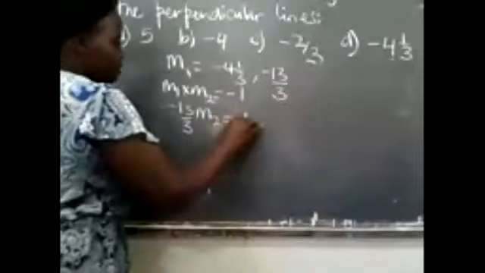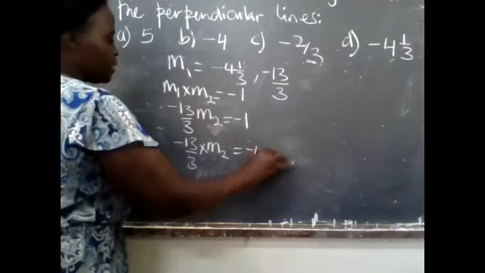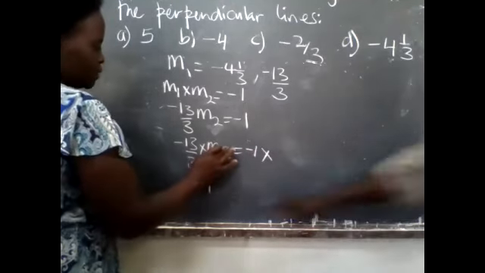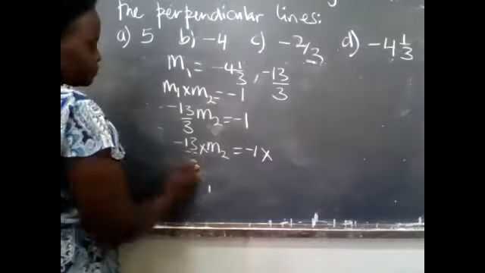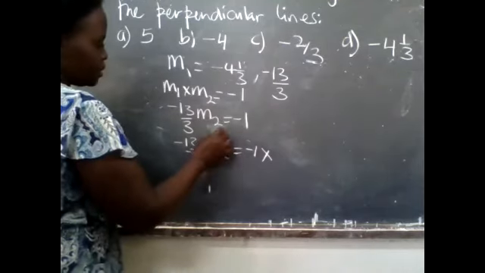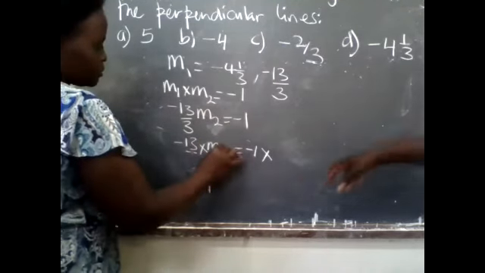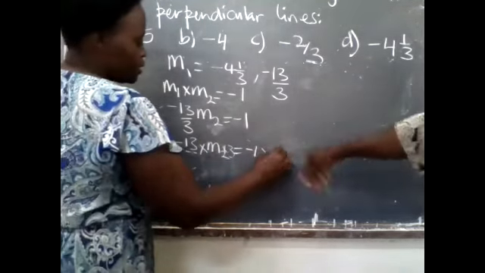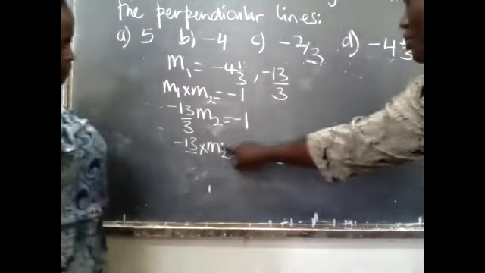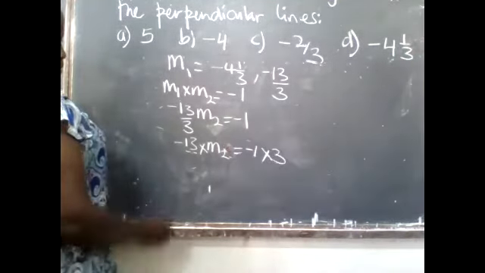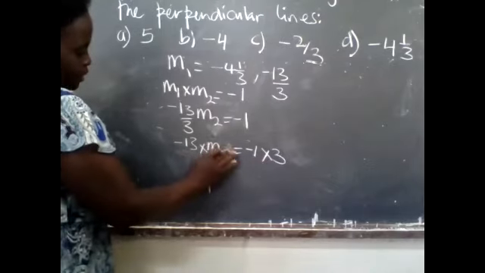Then we cross multiply; rather, we multiply by 3 here, and on this side we also multiply by 3. Okay, so we can leave it like that.